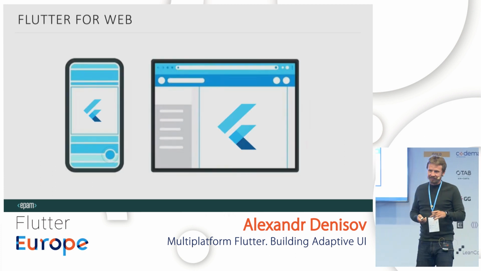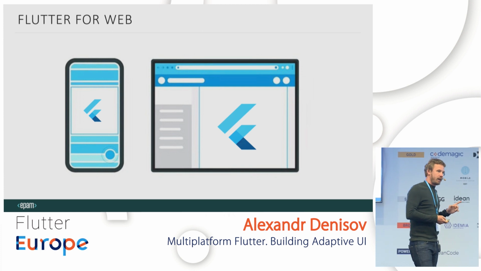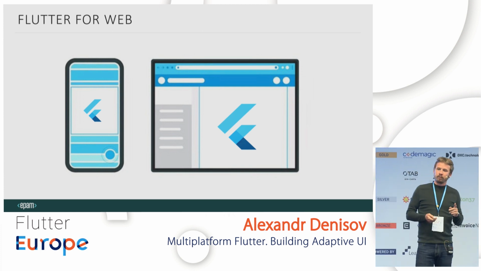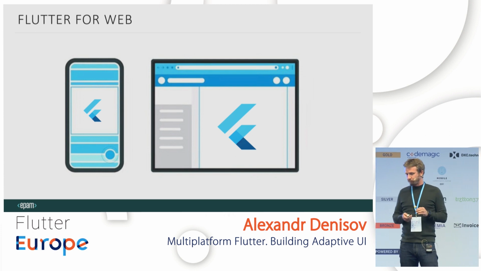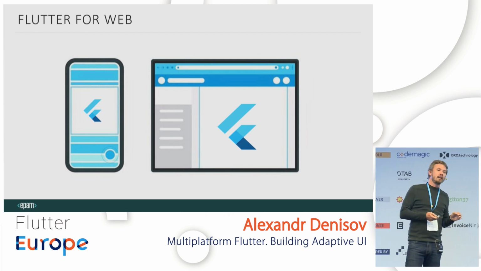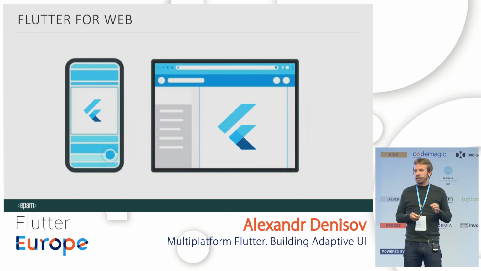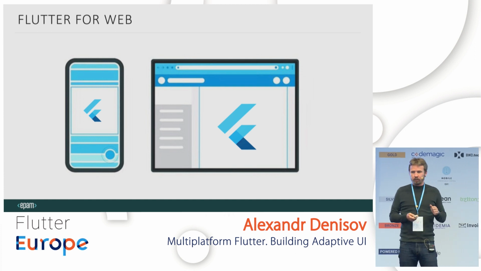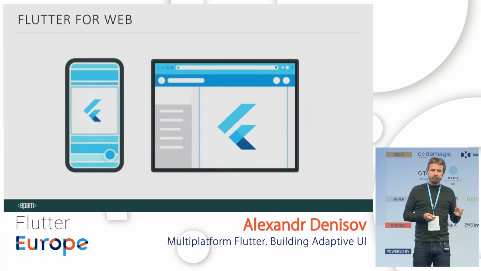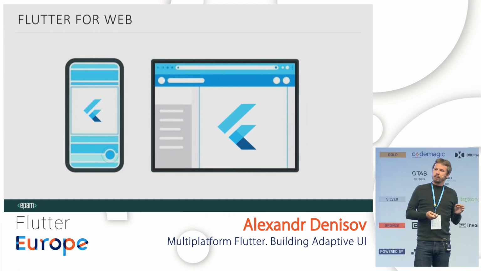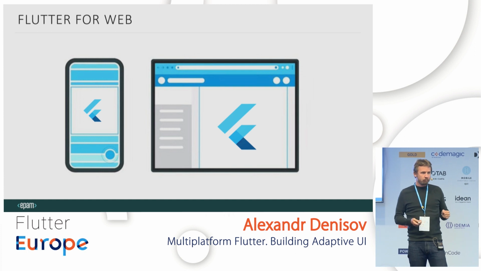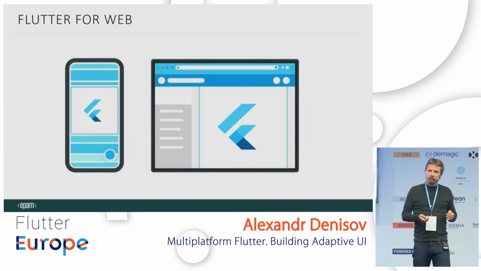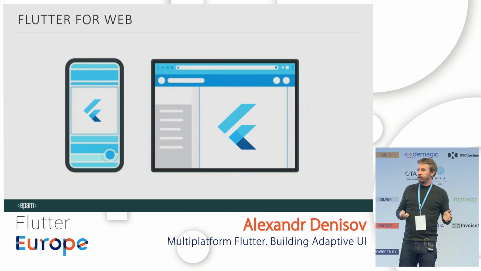But in the last year, at Google I/O conference, Google announced Flutter for Web. And recently, last December, Flutter for Web was moved from technical preview to public beta. And also, Flutter for macOS was announced. It means Flutter is not just cross-platform anymore.